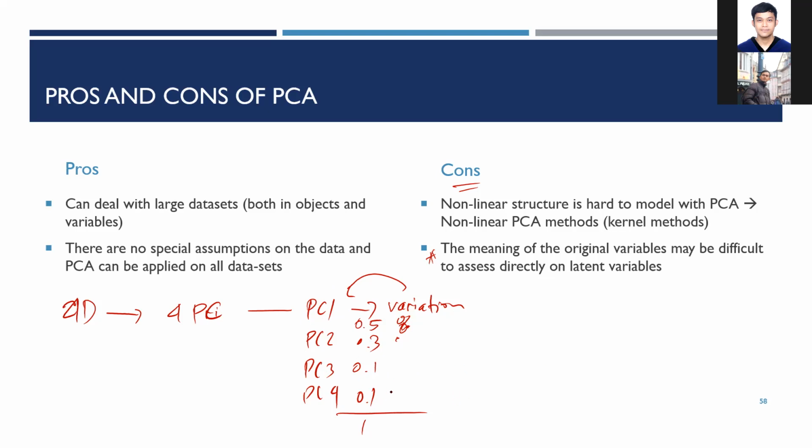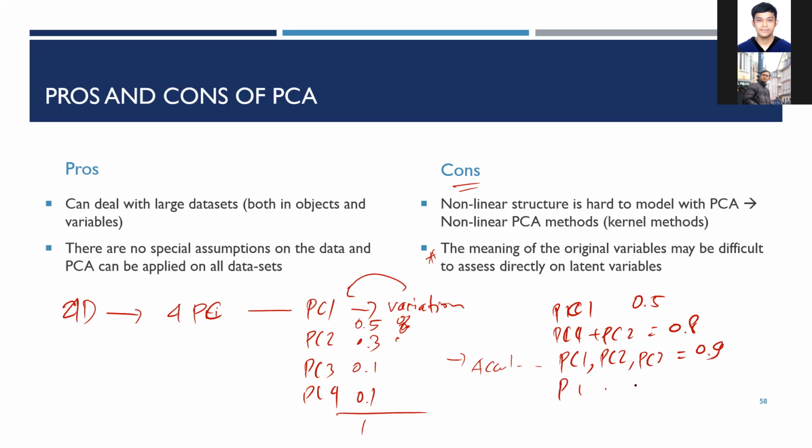If we do the accumulation, PC1 is 0.5, PC1 plus principal component 2 is 0.8, principal components 1, 2, 3 is 0.9, and 1, 2, 3, 4 is 100%, of course, since we use all of them.